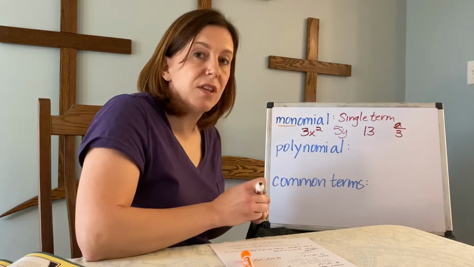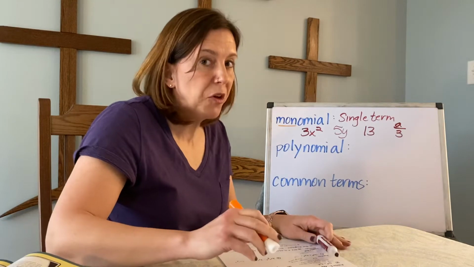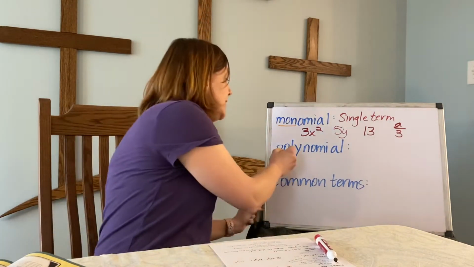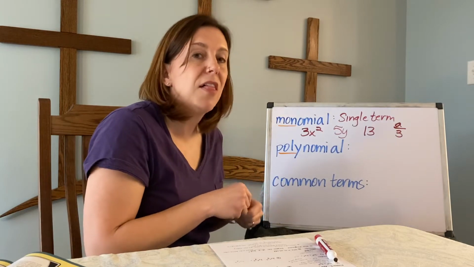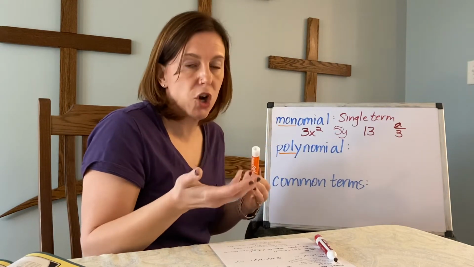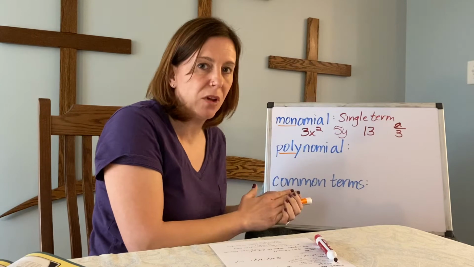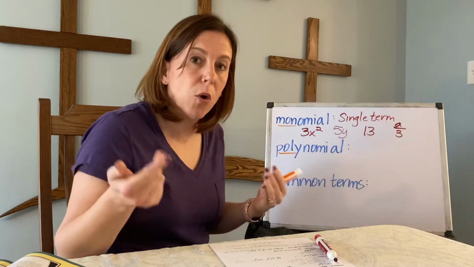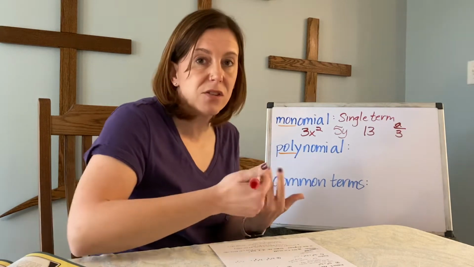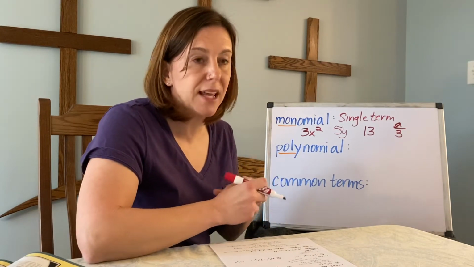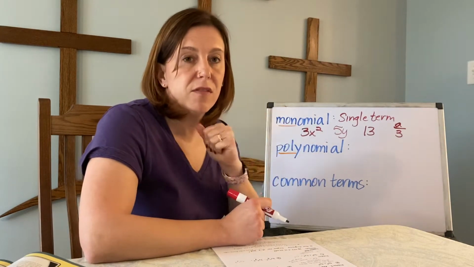When we move on to the definition for polynomial, we know that poly means many, so polynomial means more than one term, more than one monomial. So we have two or more happening. This is where we can then insert addition or subtraction between the individual monomials.